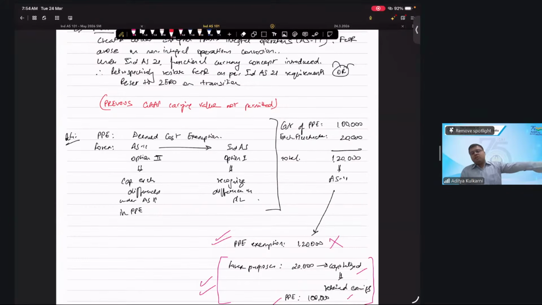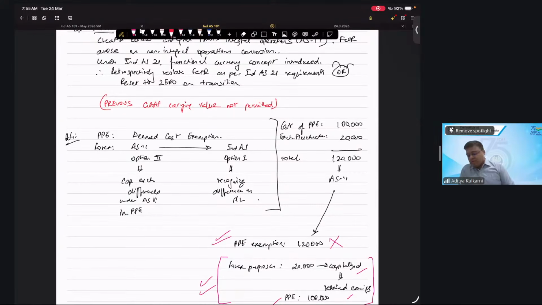Whatever is the cost of the asset under Indian GAAP, cost minus depreciation, that net block will become my net block at the date of transition. Are you able to follow? Yes, sir. So that becomes your deemed cost.